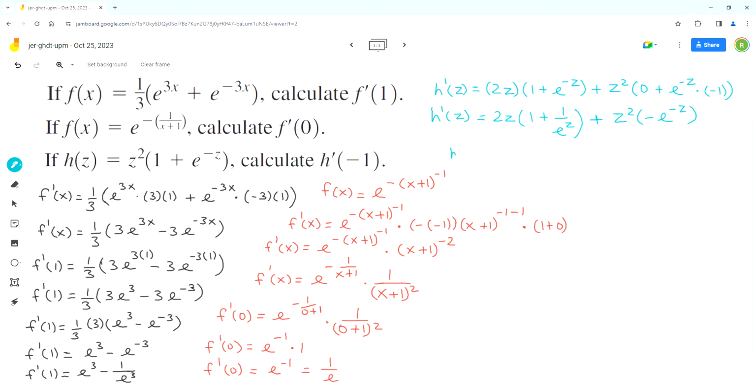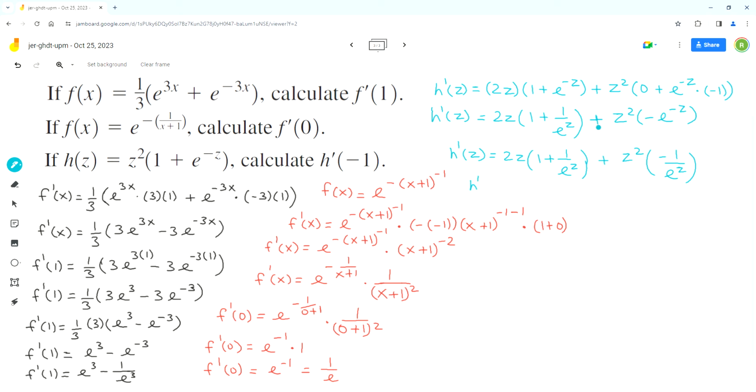So in the next step, we get h prime of z equals 2z times 1 plus 1 over e exponent z plus z squared times -1 over e exponent z. Now we can sub in z as -1 in this expression.